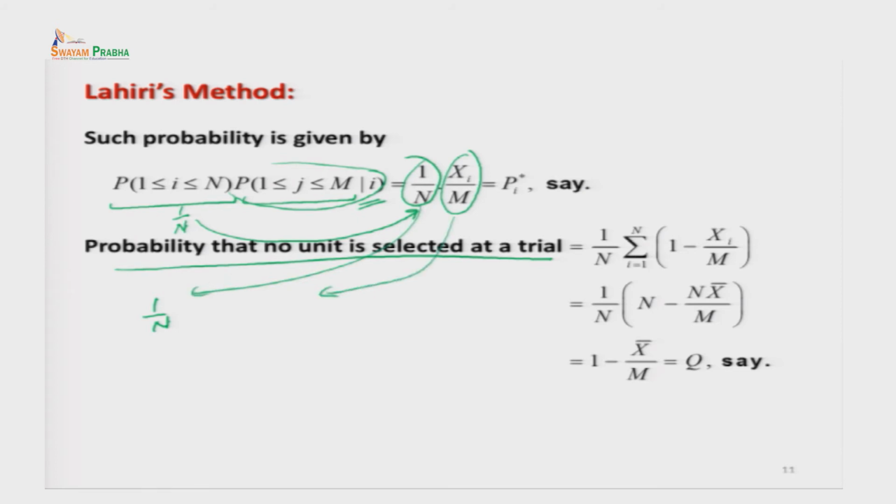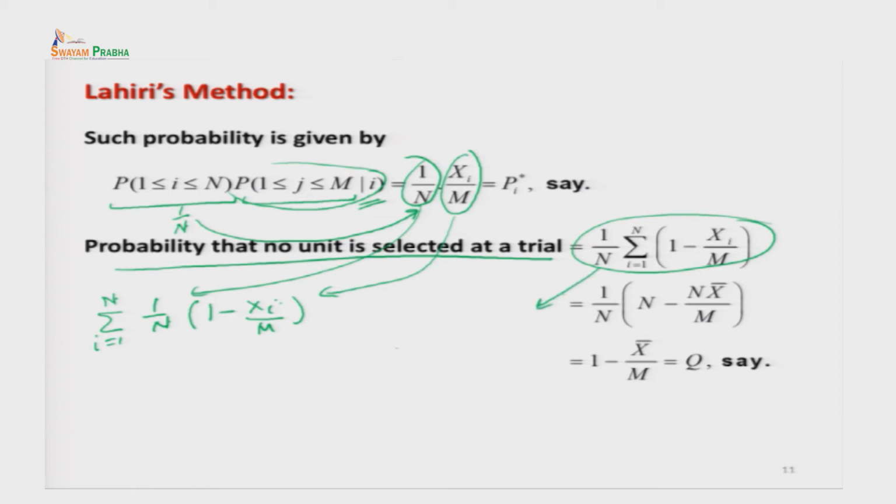Since this is the probability of selection, the probability of non-selection will become 1 minus x_i upon M. And this is valid for x_1, x_2 up to x_N. So the total probability will become, here i goes from 1 to capital N. That is what I am trying to write here, that the probability that no unit is selected at a trial is like this. Now this can be simplified.